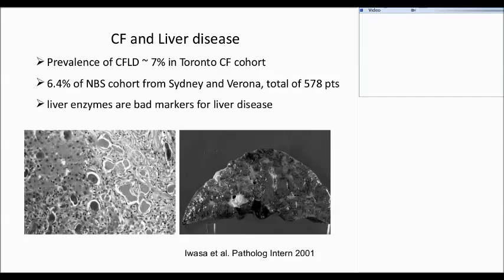We also learned over the years that liver enzymes, ALT and AST, are a bad marker for the severity of liver disease, as we know they can fluctuate up and down.